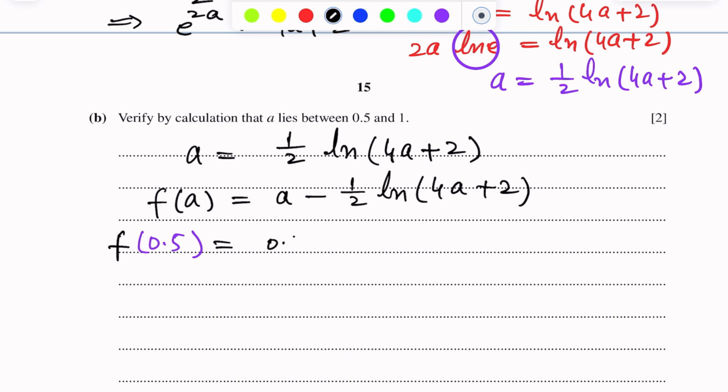that is 0.5 minus 1 over 2 log 4 into 0.5 plus 2.